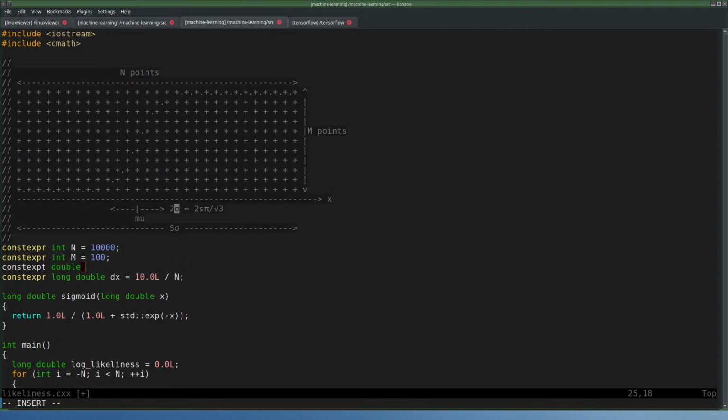I mean, I'm going to fill in an integer, but it could be a double. In the end, n and m must be integers, of course.